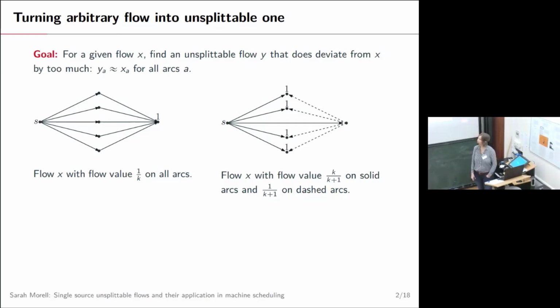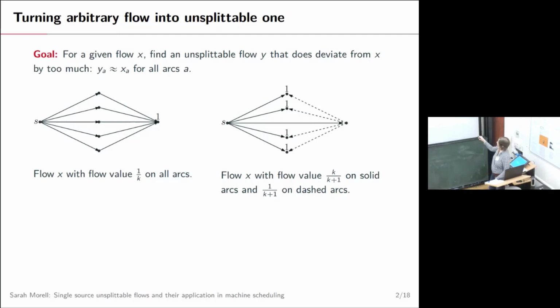On the other hand, if we have a look at lower bounds for those flow values YA, we have K demands here of 1 unit. The flow X on all solid arcs has a flow value of K over K plus 1. So most of the flow is going directly from S to the terminals.